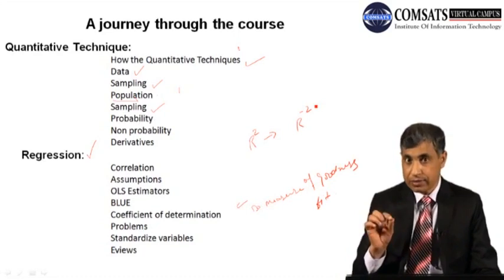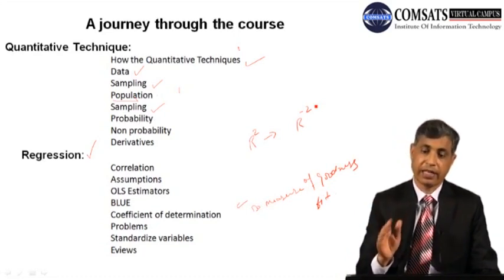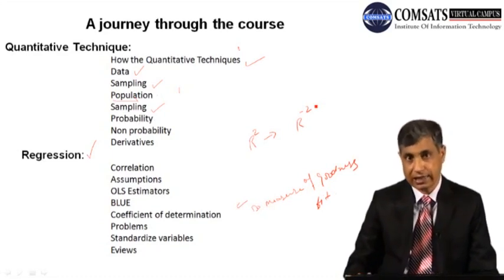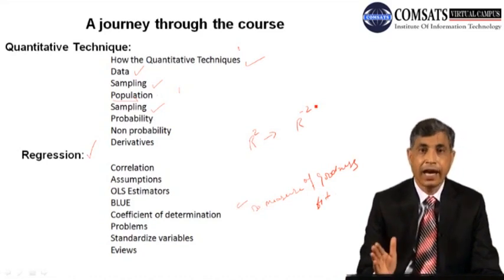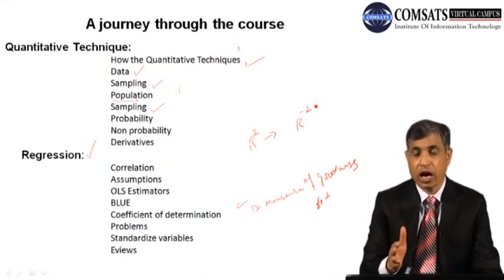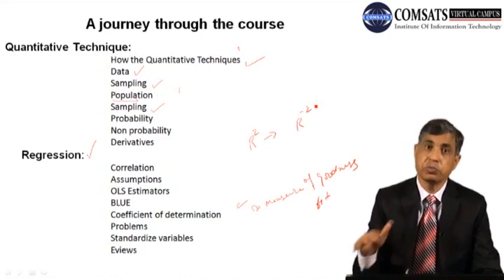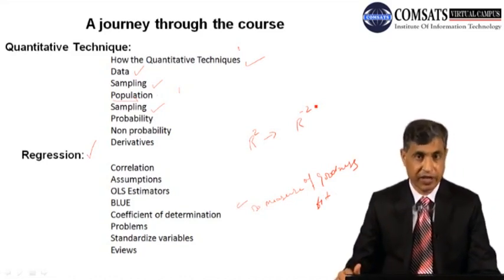So adjusted R square is a more reliable measure as compared to R square. R square only tells us how much proportion of the dependent variable is being explained by our independent variables.